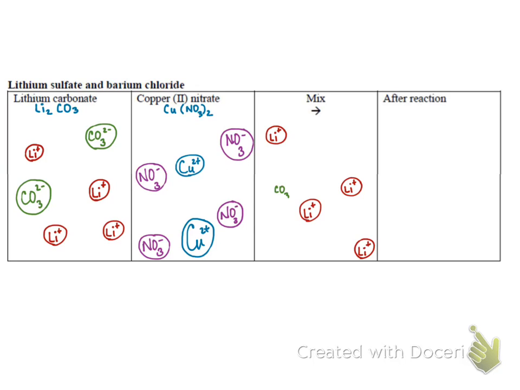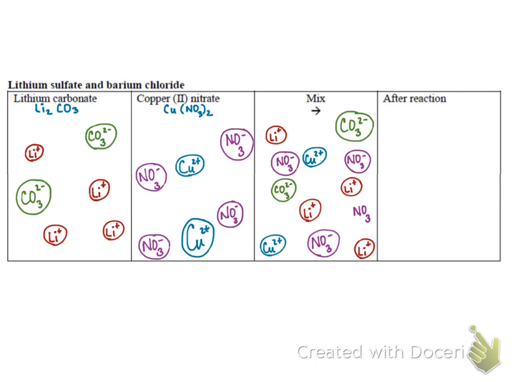Mix everything together. Imagine we had a super chemistry camera that allows us to take a picture before any reaction has taken place. Because of space, it's hard to fit everything in here, but these are all supposed to be spread out away from each other. All the ions are mixed together. The ratios are steady.